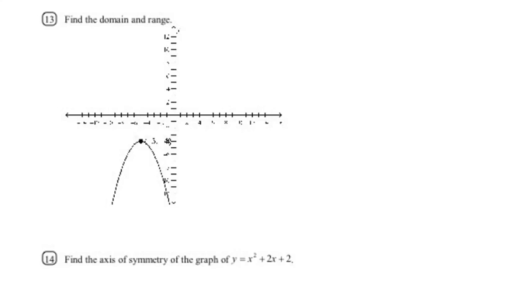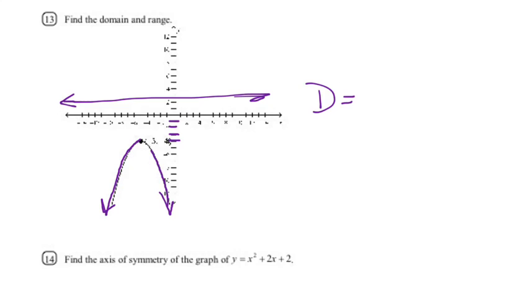Find the domain and range. 1, 2, 3, 4. I think that's negative 4 on the y-axis. So our domain, we have to look at x here. And this parabola is going down forever, but the key thing for a domain is, how about out? It's going to the left forever and right.